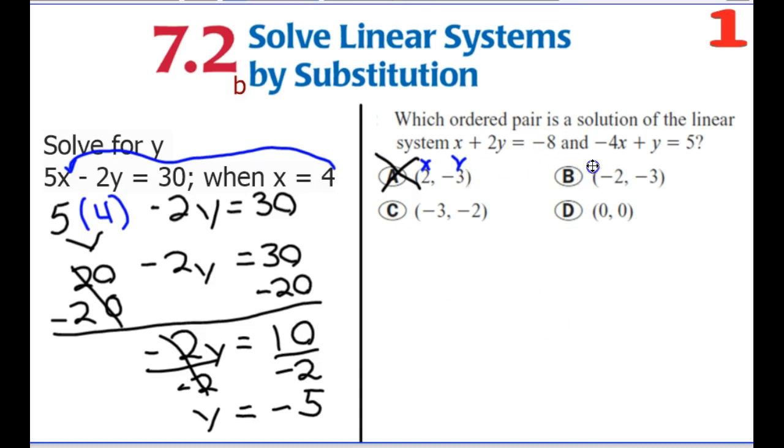Alright, we are going to try the next one then. Negative 2, negative 3. We have an x and a y. So we start with negative 2, then we have plus 2 times negative 3 equals negative 8.